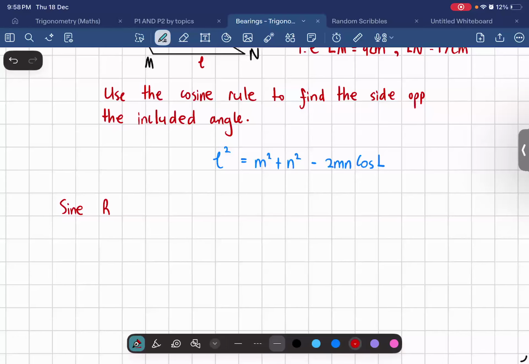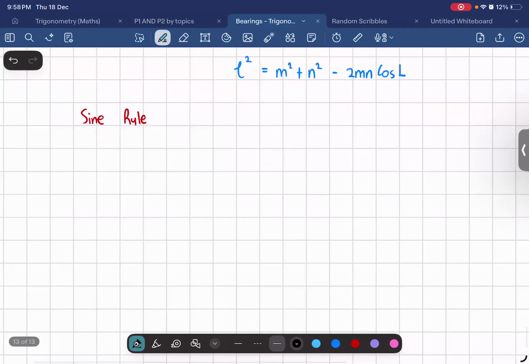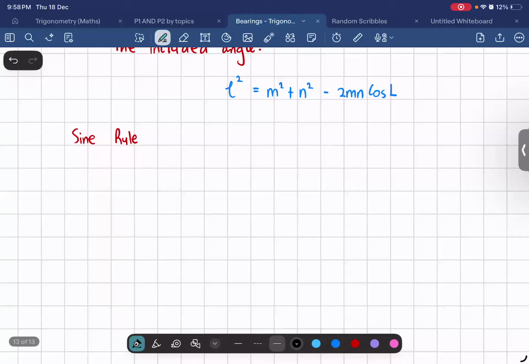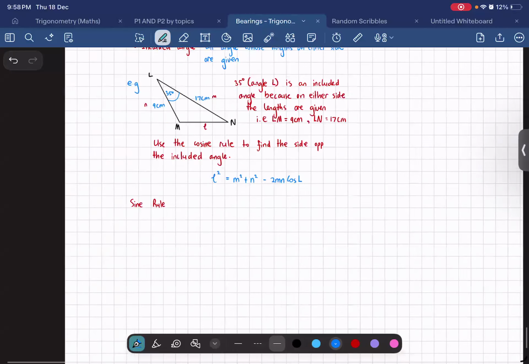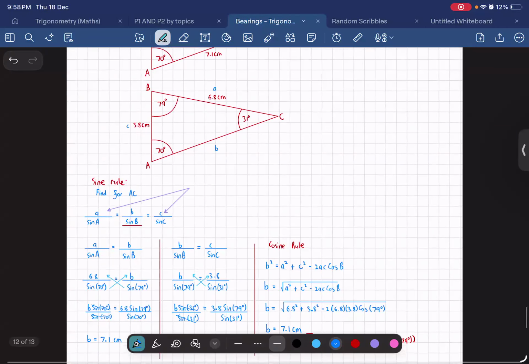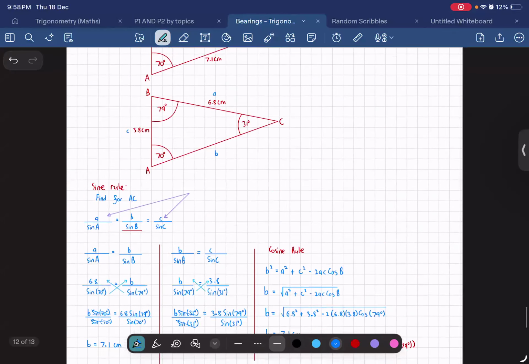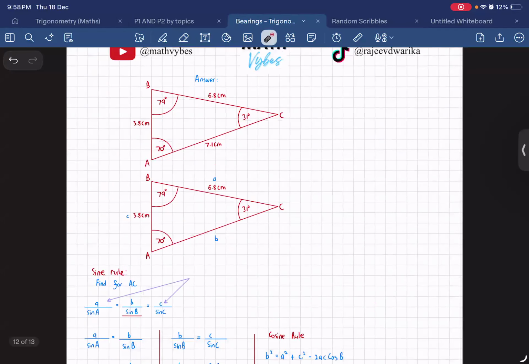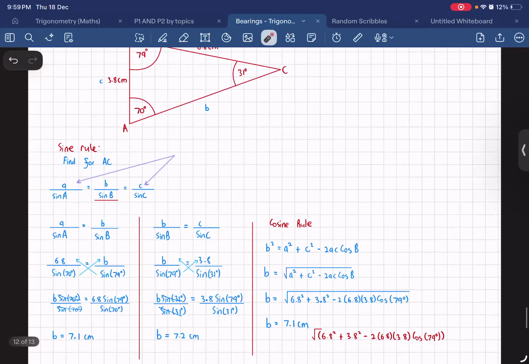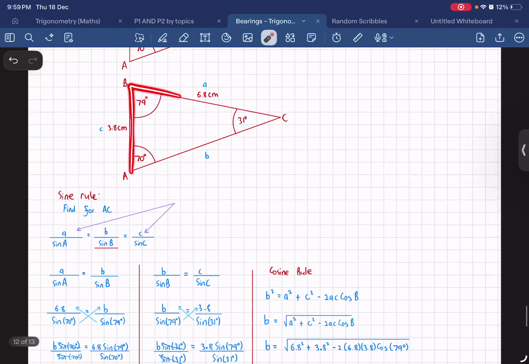Sine rule now. And by the way, guys, I hope you all realize you could use the sine rule in any setting. Adika, for any question where I could use the cosine rule, could we use the sine rule and get the same answer?